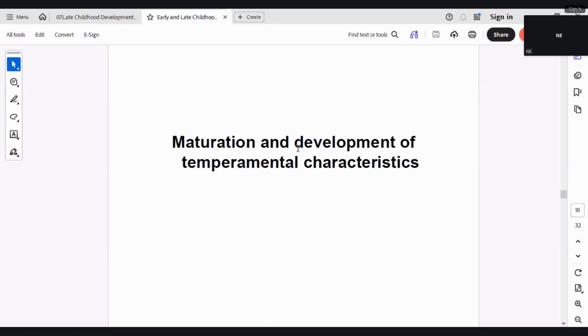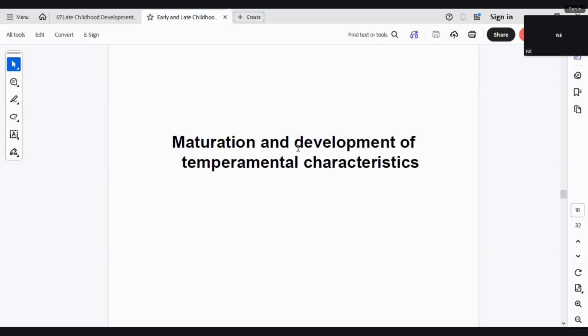We're going to talk about temperament because temperament is so essential in understanding children. Temperament is not like temper, when someone has a bad temper. Temperament is your character traits.